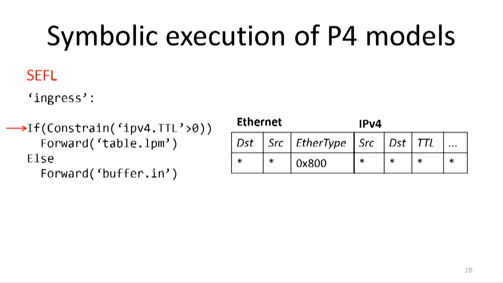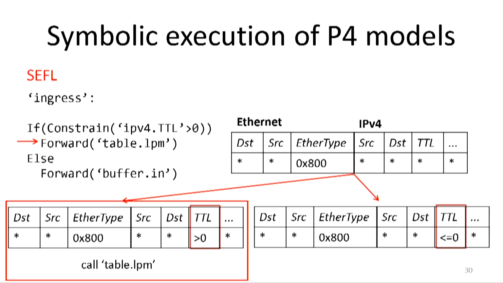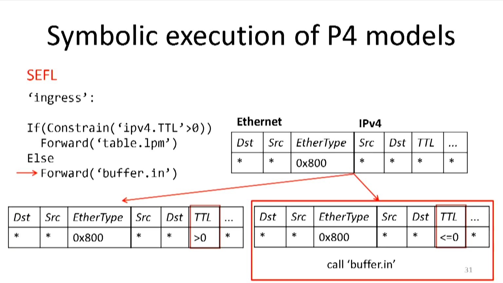As the symbolic packet arrives, because the TTL field is symbolic, we branch execution. These 2 paths will continue independently. On one, the TTL value is greater than 0, and it will then be forwarded to another instruction block called table longest prefix match. Independently, as I said, the other path will continue execution and will be forwarded to the buffering.